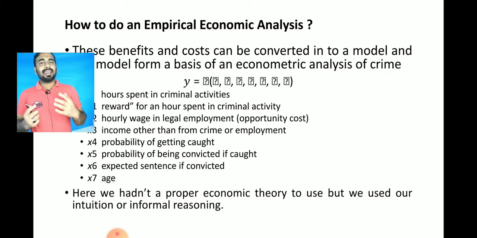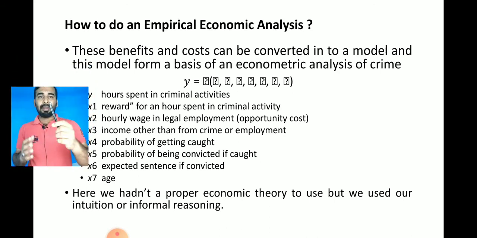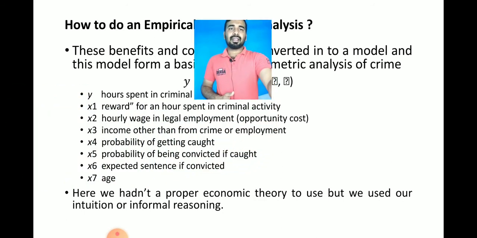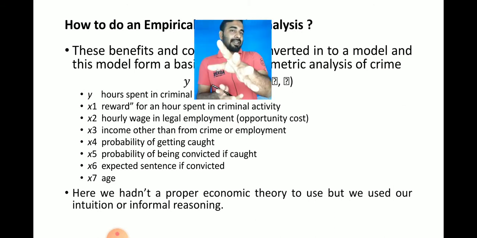how can we express this problem? As I told you, there are benefits and there are costs associated with a criminal activity. We want to model this. How will we model this? Okay, so first what we have to do is get some variables that will affect criminal activities.